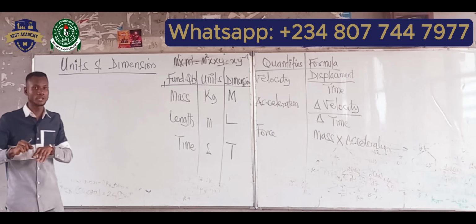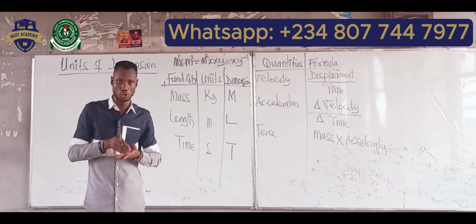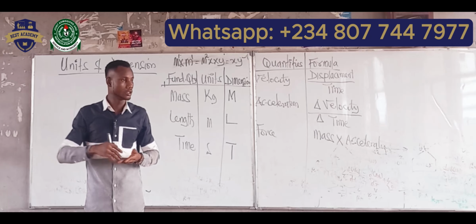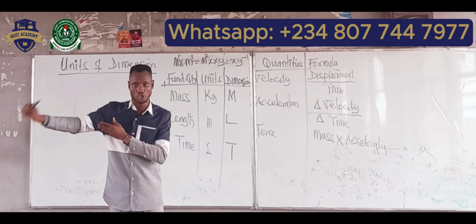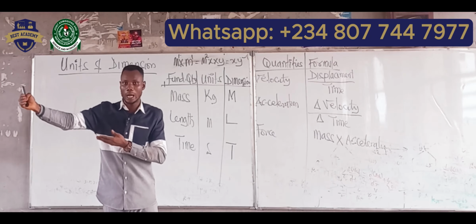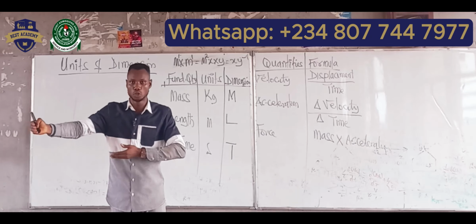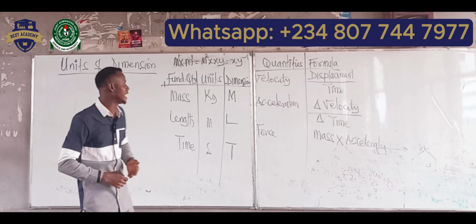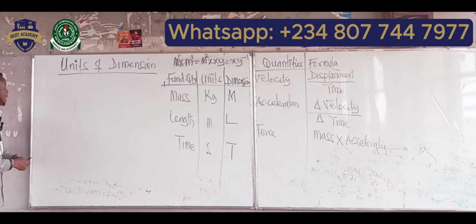Now, I told you previously that in expressing units, the formula must be known. Please understand the relationship here. In expressing units, the formula must be known. In expressing dimension, the unit must be known.